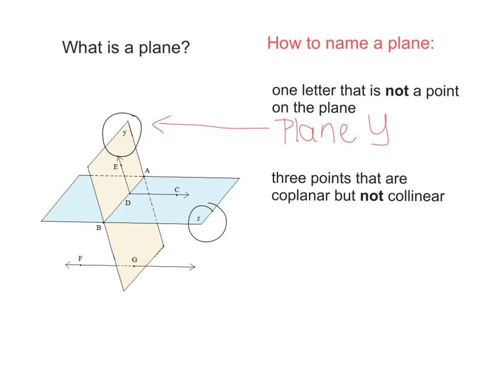The next way to name a plane is similar to how we name an angle, but we have to be really careful here that we use the right notation. So we could also name a plane by using 3 points that are coplanar but are not collinear. And we'll look at why that is with a non-example. So let's start with an example. We could name our beige plane, plane EDG.